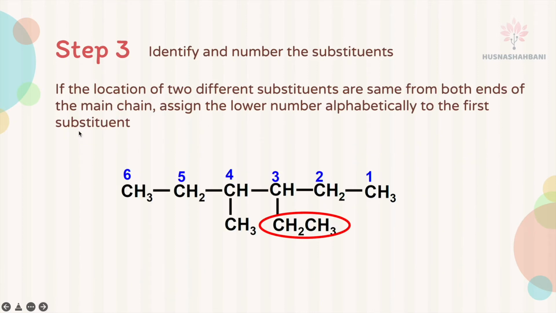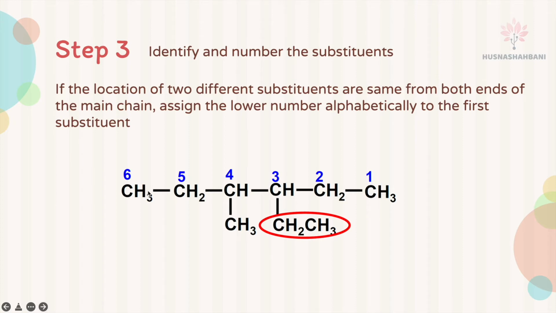Step number 3, identify and number the substituent. Based on the parent number, if the locations of two different substituents are the same from both ends of the main chain or the parent chain, assign the lower number alphabetically to the first substituent. For example, here we have a 6 carbon chain.